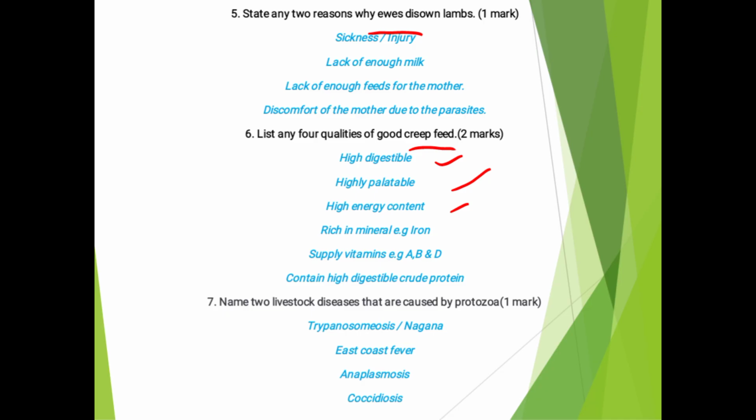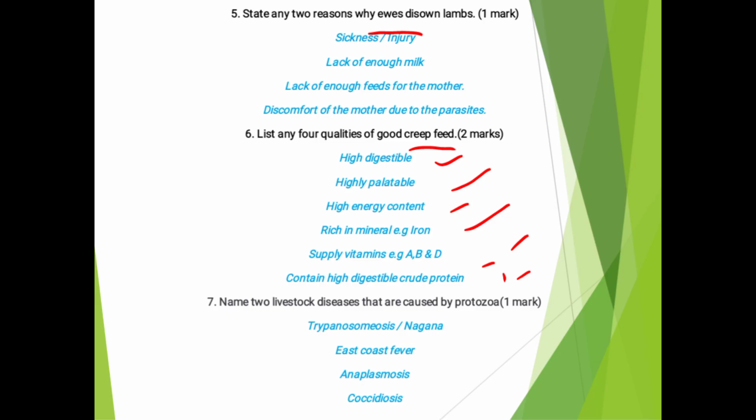Then it should have high energy content, should be rich in minerals, for example, iron and calcium, should be able to supply vitamins such as A, B, and D, and should contain high digestible crude protein.